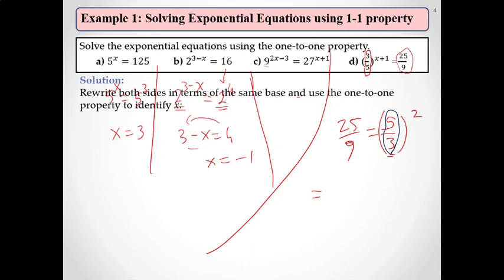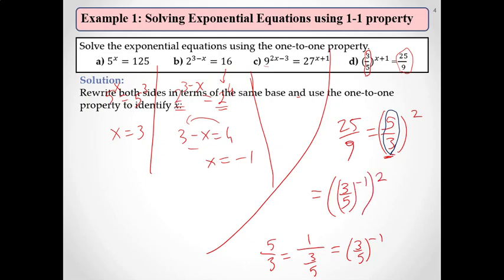Yes, we can. 5 over 3 can be written as 1 over 3 over 5, which is the negative first power of 3 over 5. So instead of 5 over 3, I can write 3 over 5 to the negative first power, and then squared.